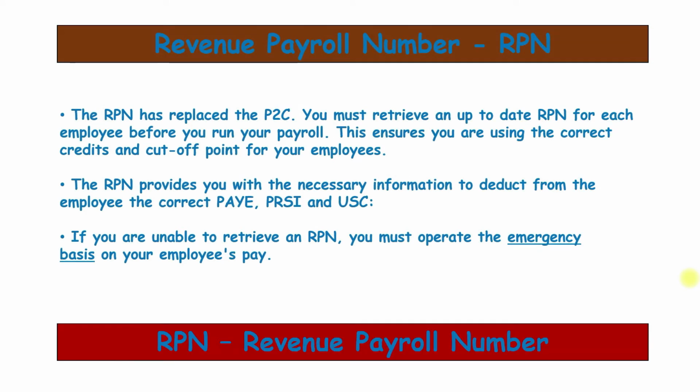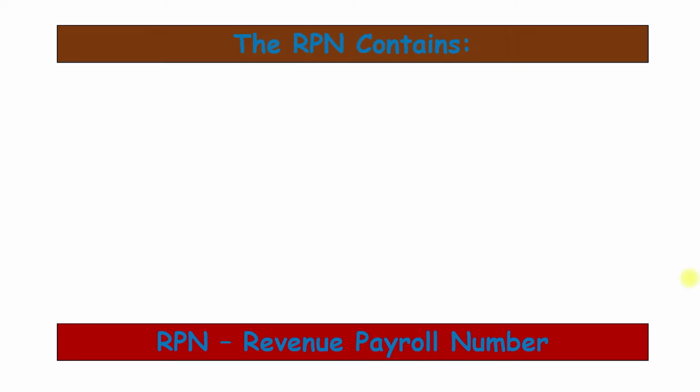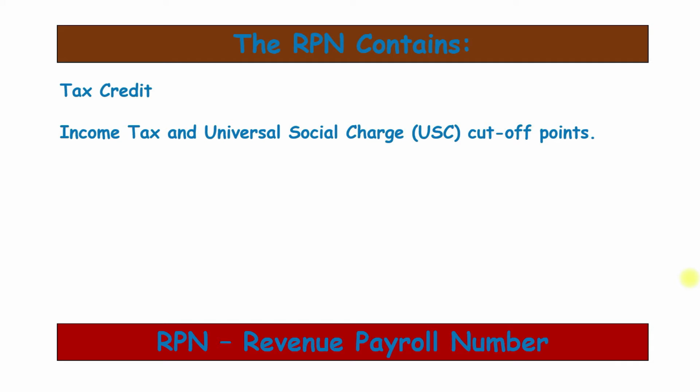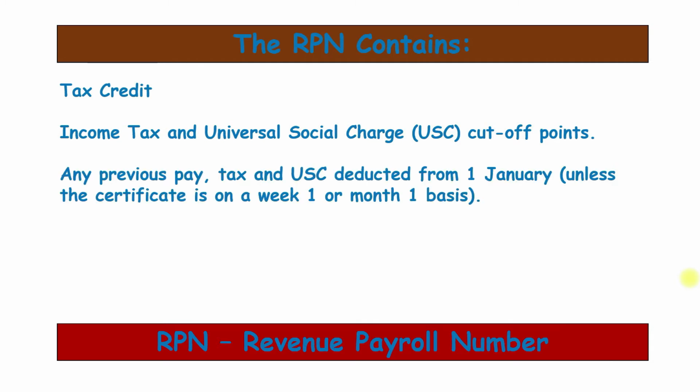So, let's get started. The first concept to be aware of is the RPN. This stands for Revenue Payroll Number. The RPN was brought in as part of a Revenue payroll modernization in recent years, and it links to an employee's details including tax credits, standard rate cutoff points, previous pay in the current year, and previous tax and USC paid in the current year.